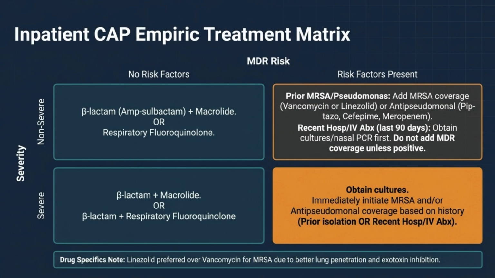Linezolid is preferred over vancomycin for MRSA in the lung due to better tissue penetration and its ability to inhibit bacterial exotoxins.